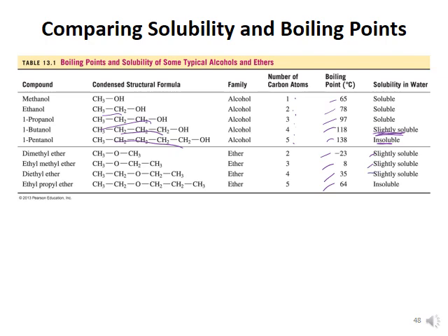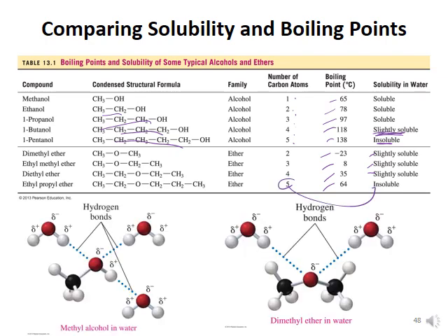Ethers aren't especially soluble in water to begin with. Once we get to 5 carbons, nope, they won't dissolve. All has to do with the number of hydrogen bond intermolecular forces that you can form. The more of them you can form, the more soluble you're going to be.